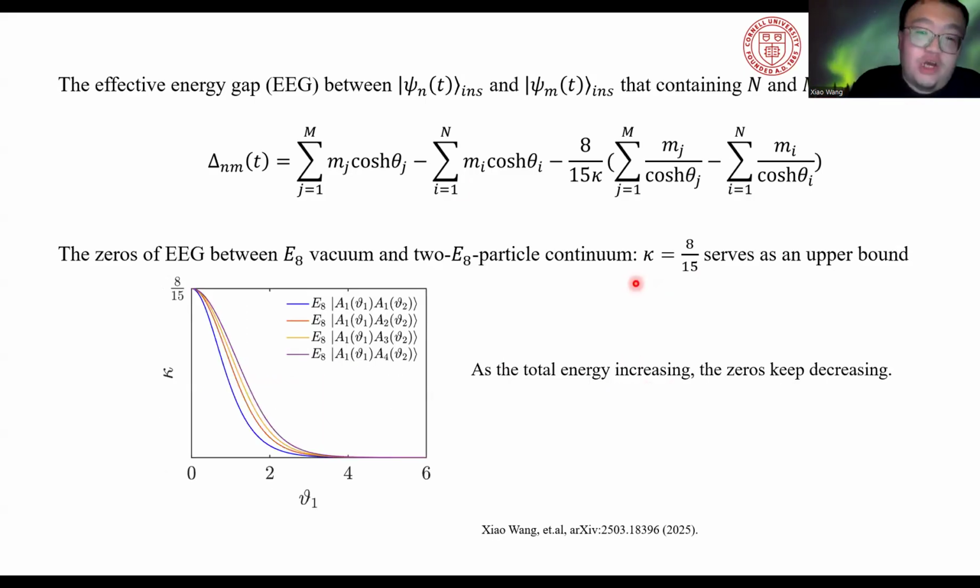We can also solve the effective energy gap between the two-particle eigenstate and the vacuum. You'll find that this magic number kappa equals 8 over 15 then serves as an upper bound of the zeros of the effective energy gap. And once the total momentum of these two-particle states becomes larger, this upper bound will decrease until kappa equals 0.